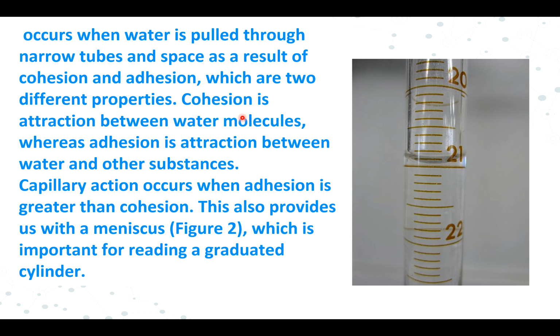Cohesion is attraction between water molecules, whereas adhesion is attraction between two different substances, water and some other substance. Capillary action occurs when adhesion is greater than cohesion. And this provides us with a meniscus, which is shown in this particular diagram, right? You can see it in the graduated cylinder.